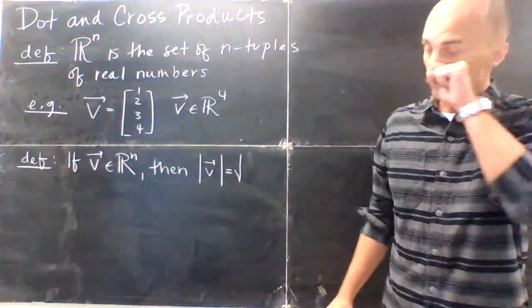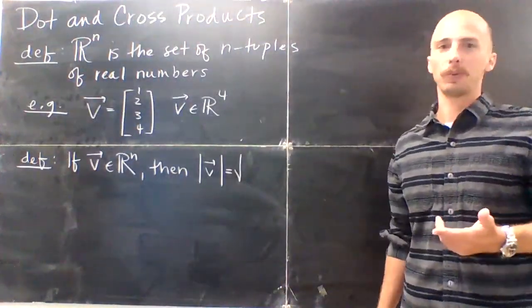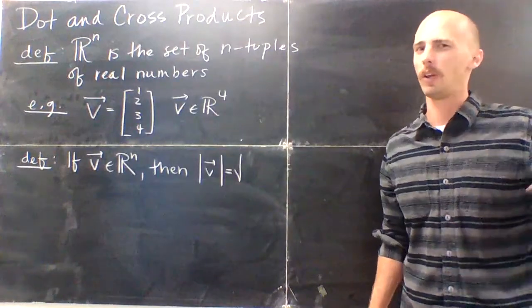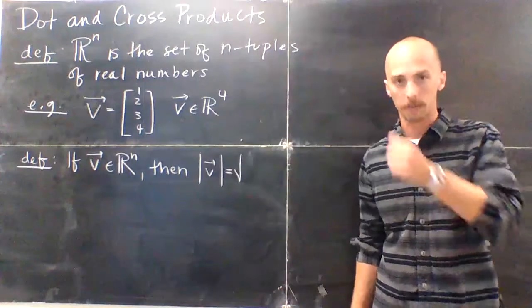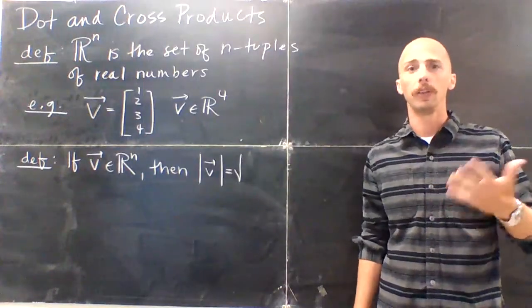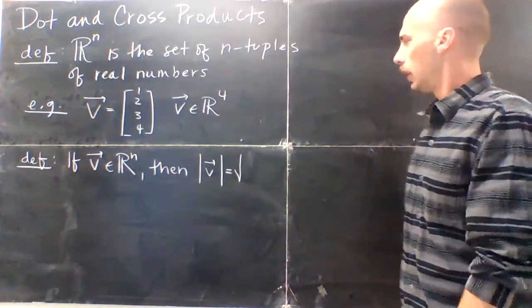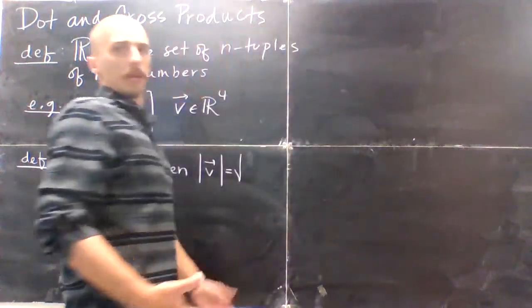Okay, and I think, it's one of those things where for 3 dimensions, I'll show you in class. I don't want to waste your time on the video drawing the rectangular prism and marking off the diagonal and then the other diagonal and showing it's the same. You just do the Pythagorean theorem in higher dimensions.